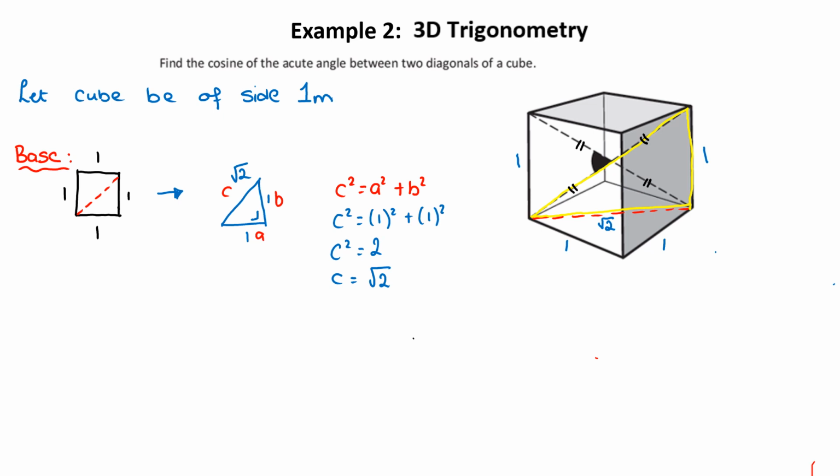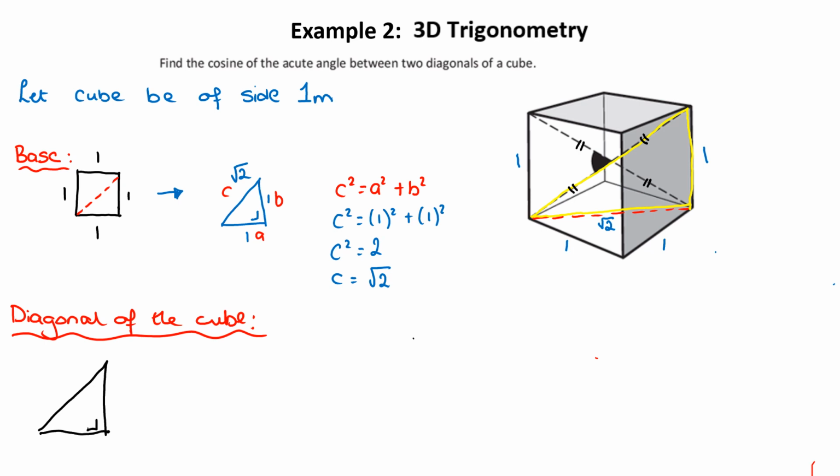So this is the diagonal of the cube. So last time was the diagonal of the base. We're now going to talk about the diagonal of the cube. So we have the triangle we want to work with, and that triangle is again a right angle triangle. This is the great thing about 3D trigonometry. 90% of the time you're working with right angle triangles. So you have root 2, and we want to work out this side here.